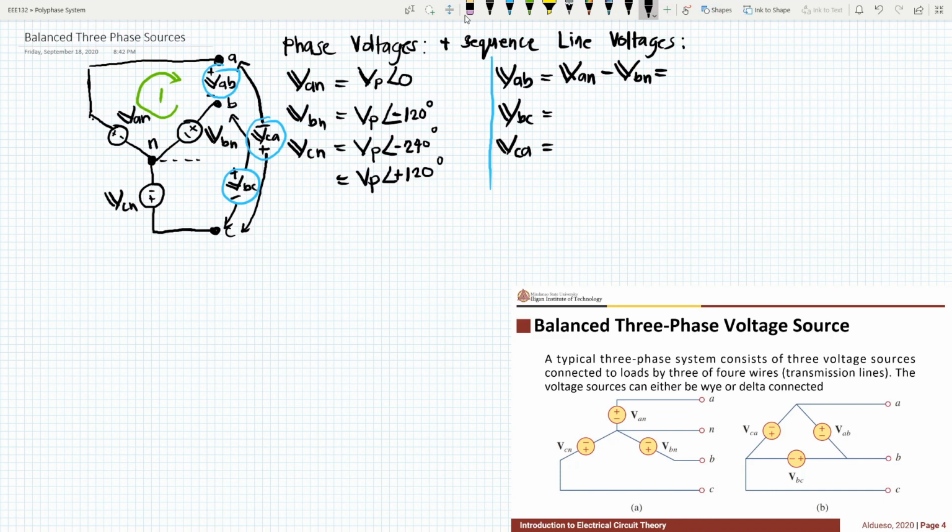Then substituting the values for VAN and VBN, VAN is equivalent to VP angle 0, minus VBN, which is VP with angle negative 120.